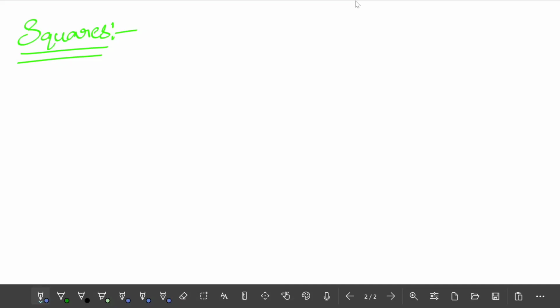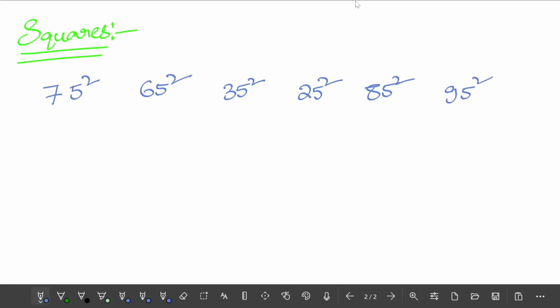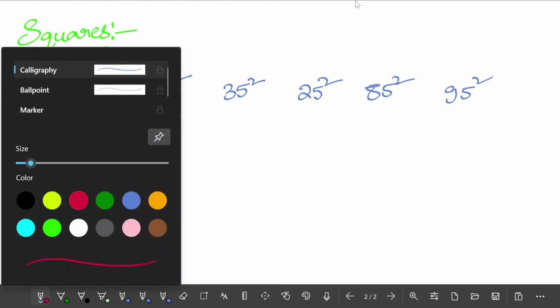Okay. And there is a special case. Sir, what is that special case? Let us say I have to find out 75 square, 65 square, 35 square, 25 square, 85 square, 95 square. Now this is very simple. What is 5 square? Sir, it's 25.